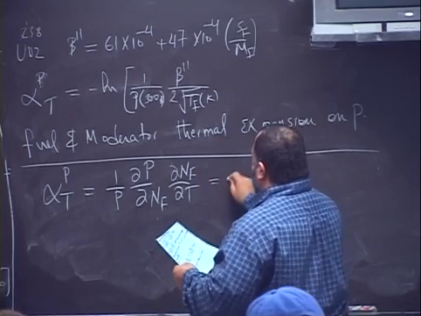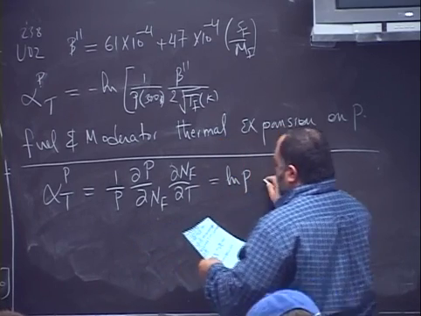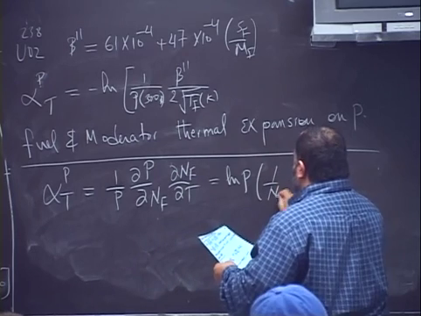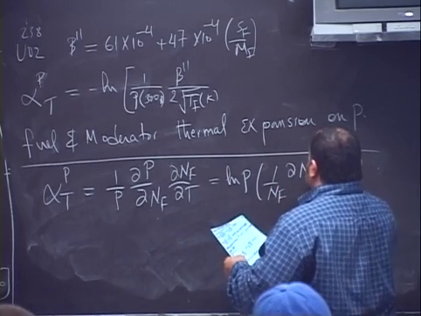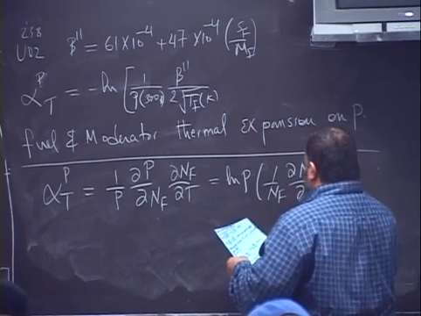And this will give you ln P multiplied by 1 over N_F dN_F by dT.